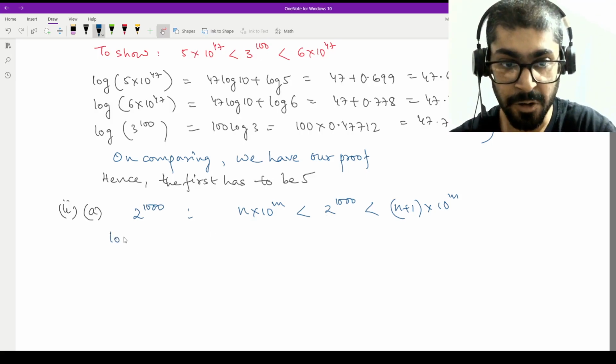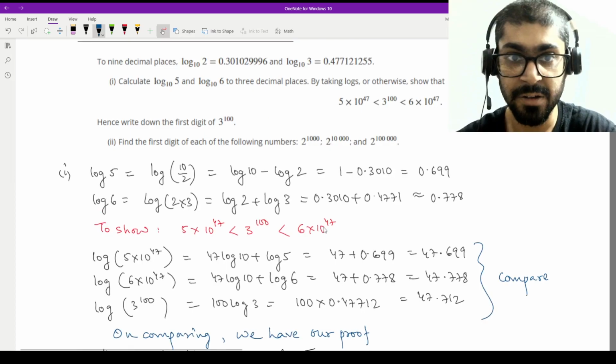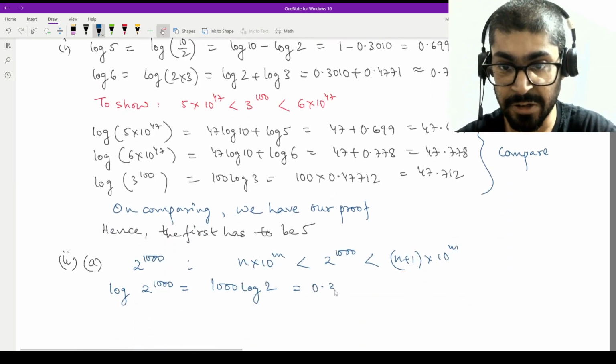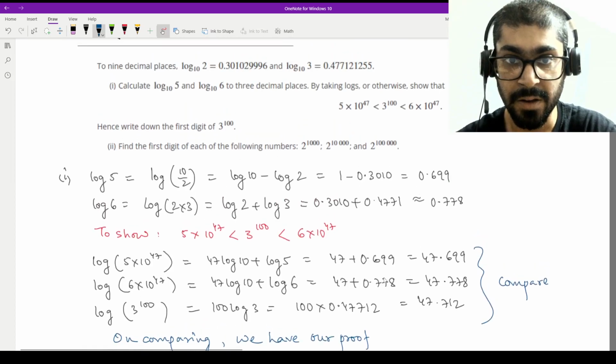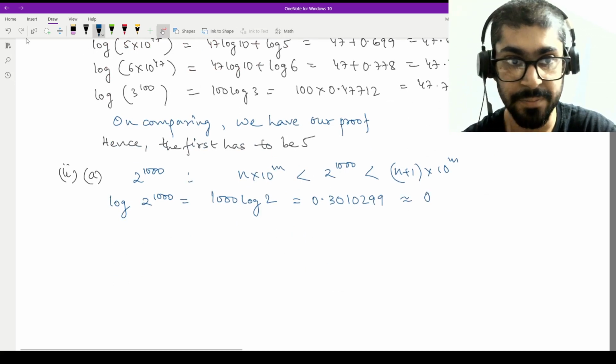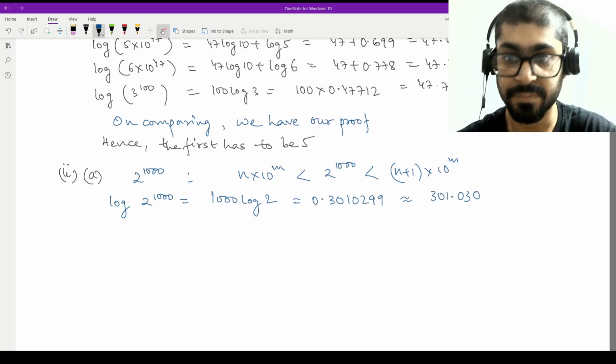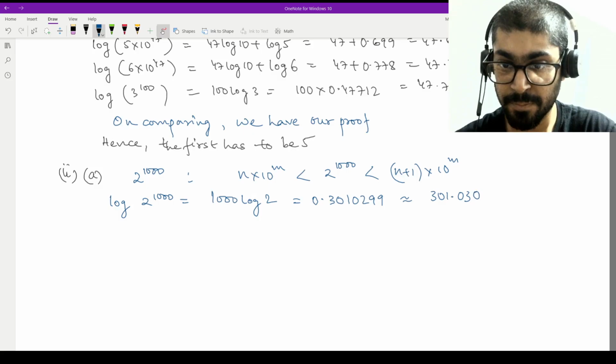So this is basically log 2 to the power 1000, which will be 1000 log 2. Now we'll have to take 6 values of log 2, so 0.301029 and so on. This will give us approximately 301.030.